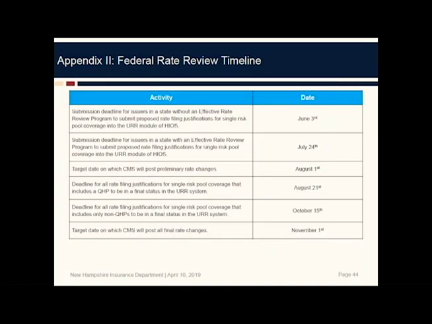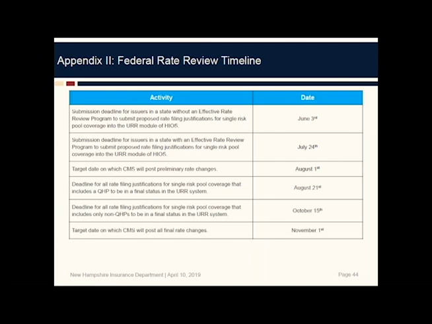The submission deadline for issuers with a state with an effective rate review program to submit proposed rate filing justifications for a single risk pool coverage in the URR module of HIOS is required on July 24th. Target rate on which CMS will post preliminary rate changes is August 1st.